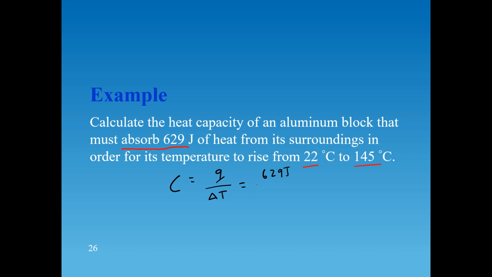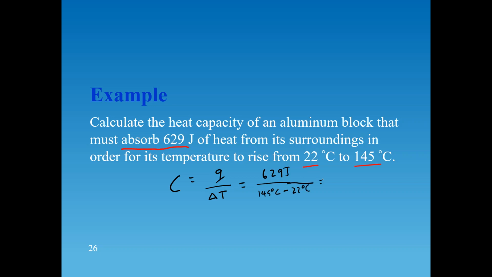And as far as the change in temperature, whenever you're trying to determine the change in any quantity, it's always the final value minus the initial value. So the final value is 145 degrees Celsius minus the initial value, which is 22 degrees Celsius.